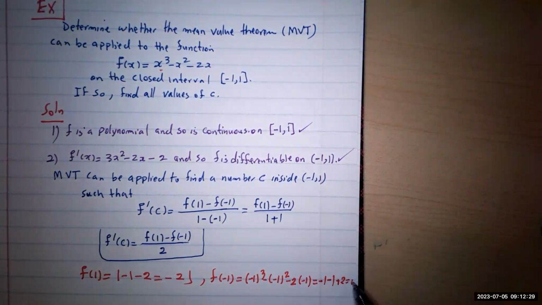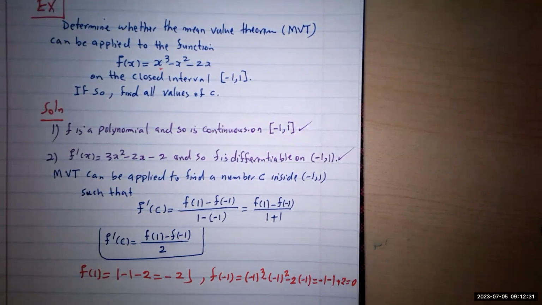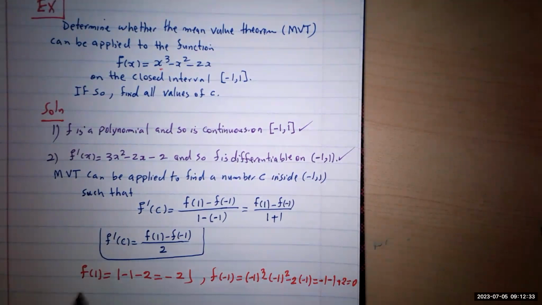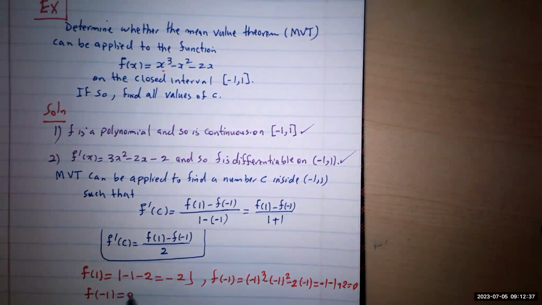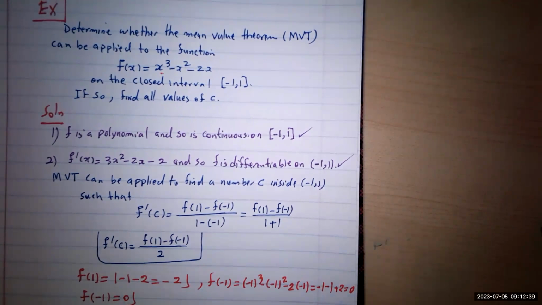You simplify that, it gives you 0. So f of -1 is 0.